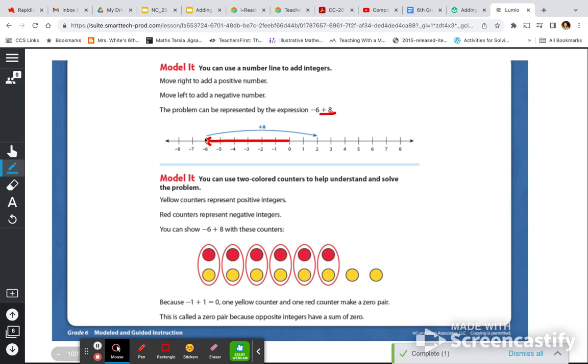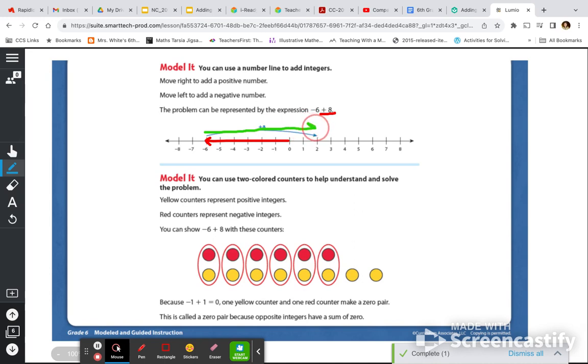So I'm starting at -6, and then I'm going to count 8 to the right because I am gaining, okay? Adding, I'm going to the right. So I'm going to start here. Let's use a different color. Let's go with green this time. So I'm at -6, and I'm going to add 8. So I'm going to go 1, 2, 3, 4, 5, 6, 7, 8.